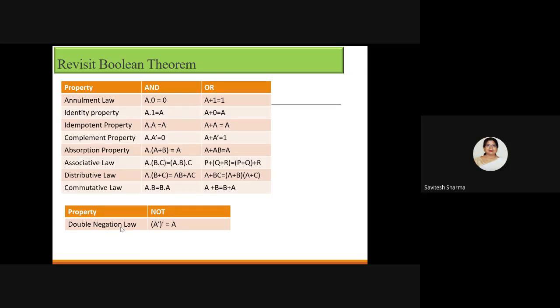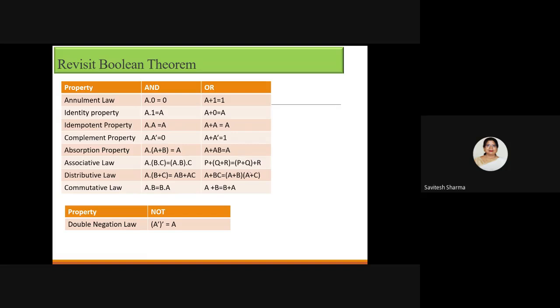If you are doing the AND operation, it is also known as conjunction. Boolean OR is also known as disjunction. Please remember the different words. I'm repeating: Boolean AND is also known as conjunction, and Boolean OR is also known as disjunction.